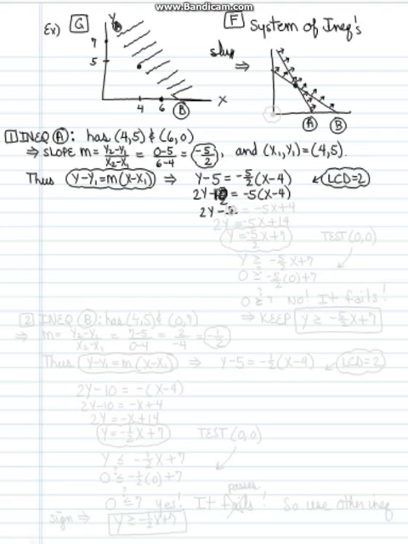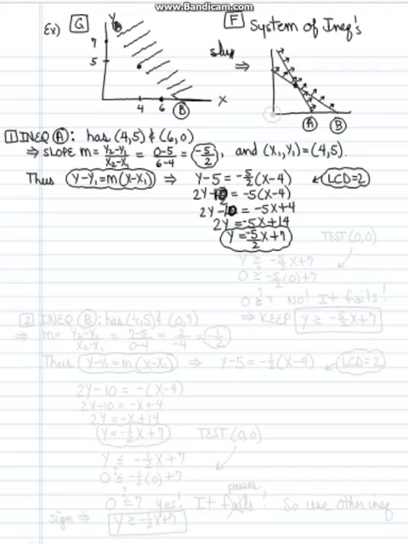Get rid of the parentheses: 2y minus 10 equals negative 5x plus 20. Move the 10 over, you get 2y equals negative 5x plus 14. Divide everything by 2. y equals negative 5 halves times x plus 7. Okay, so there's the equation.